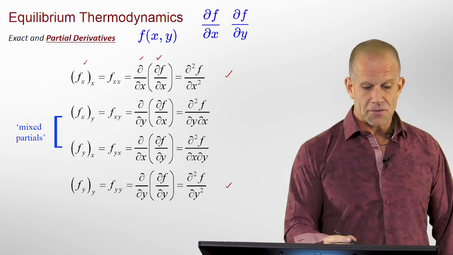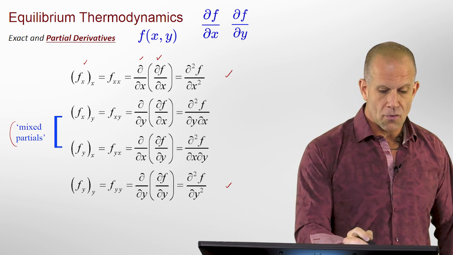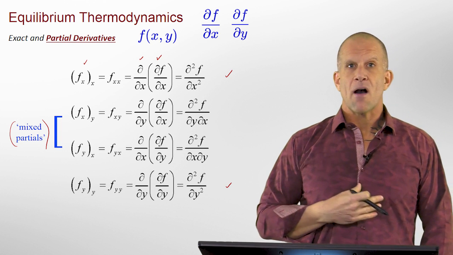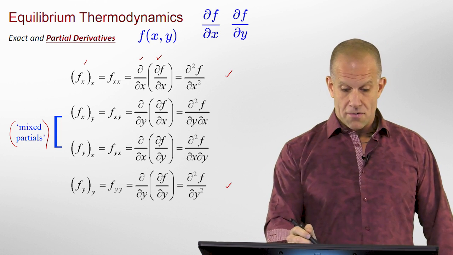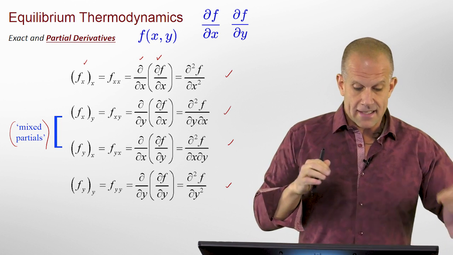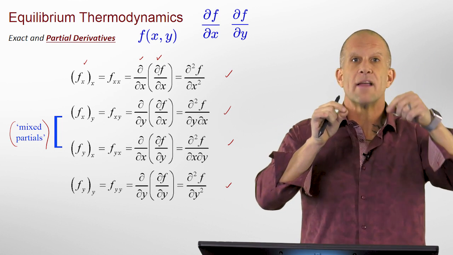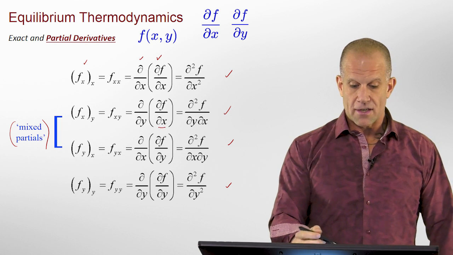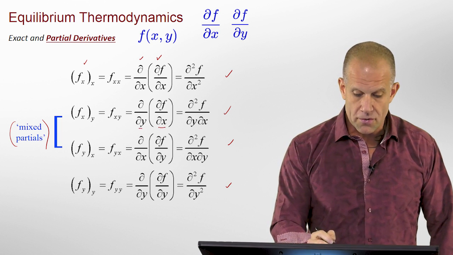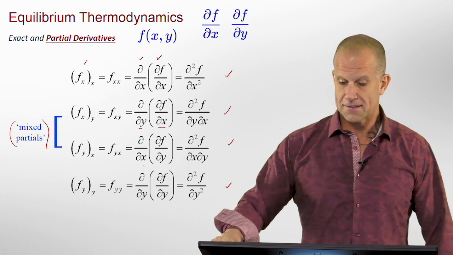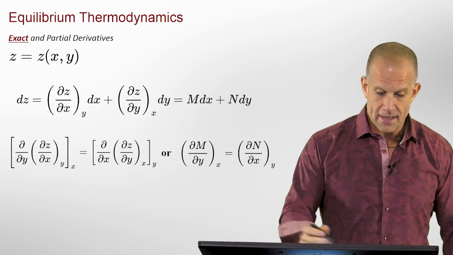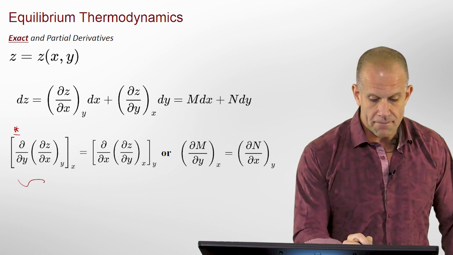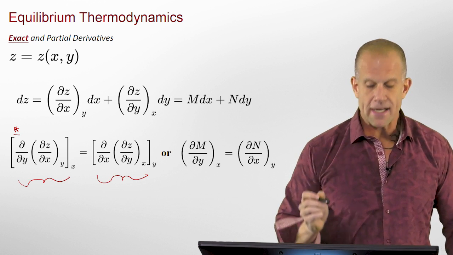Really what this comes from is the idea that these cross derivatives, or mixed partials, are equal, and it doesn't matter if you do it as a function of x first and then y, or y first and then x. We would express that, like we have here, as the mixed partials being equal to each other.